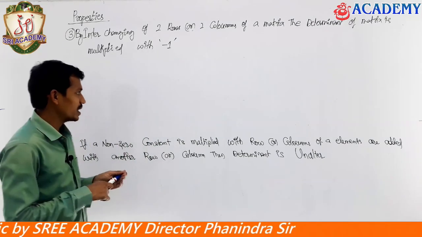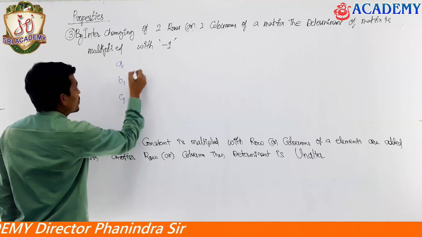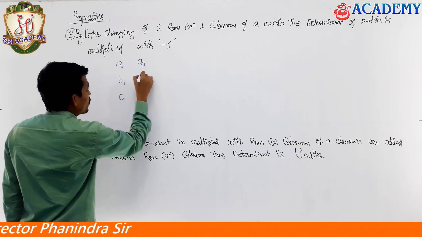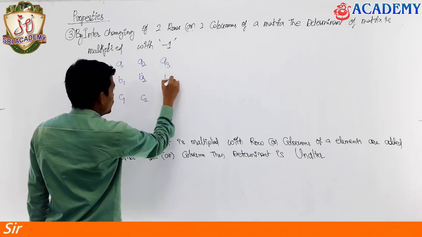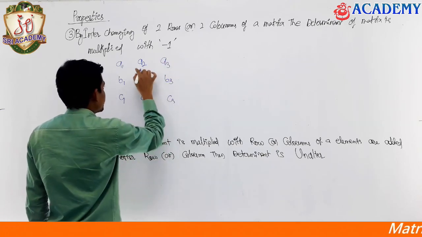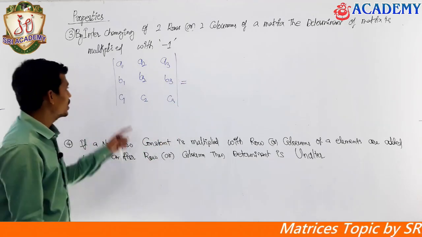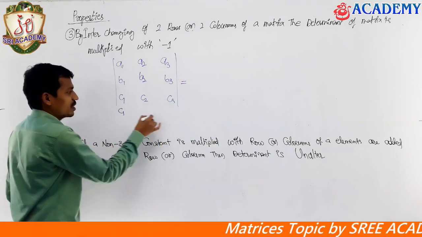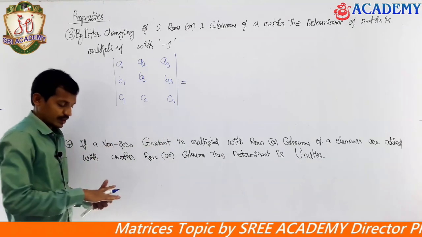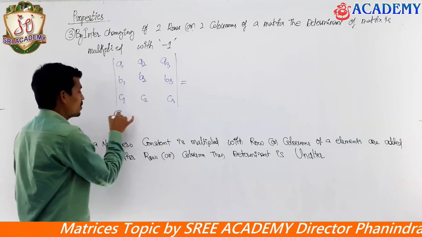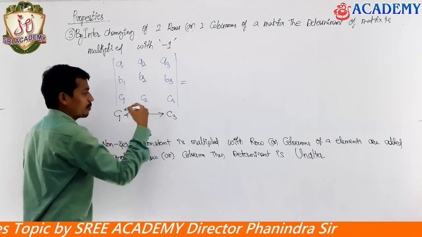For suppose I am writing one example here. I am writing elements a1 b1 c1. Here I am writing a2 b2 and c2, a3 b3 c3. This is the determinant. నేను ఏం చేస్తాను అంటే this is column 1, this is column 3. ఇంటర్చేంజ్ చేస్తాను నేను.